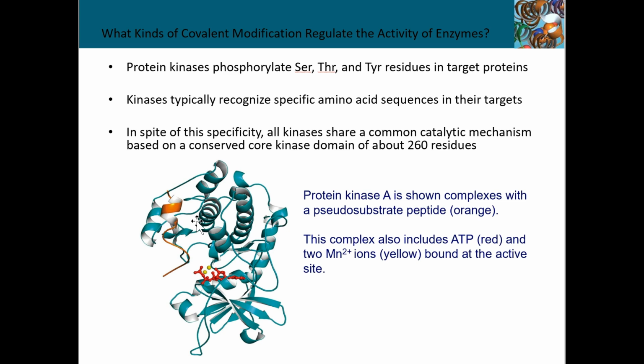So, protein kinases phosphorylate specific residues. We've got phosphorylation taking place at serines, threonines, tyrosines. Those are the three targeted by kinases, and therefore also targeted by phosphatases in reverse.